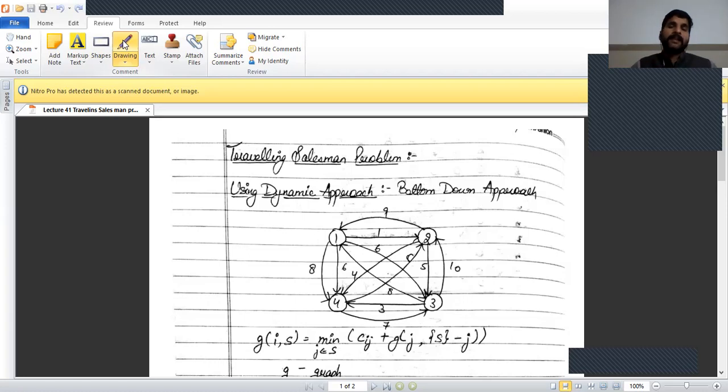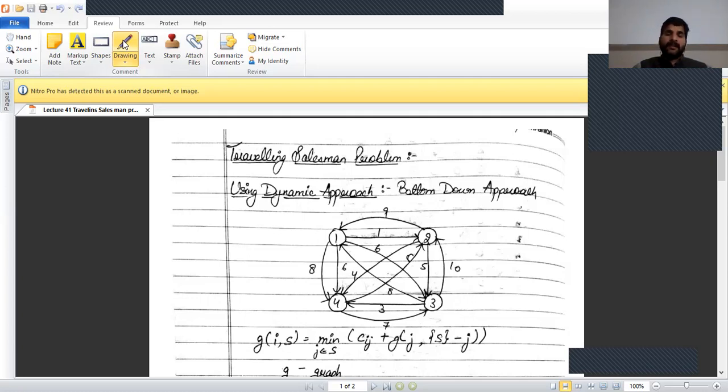In this method, the information provided by the problem is first the cost matrix, or a graph with weights and direction. If the graph is provided with weights and direction, then we compute the cost matrix from this graph.